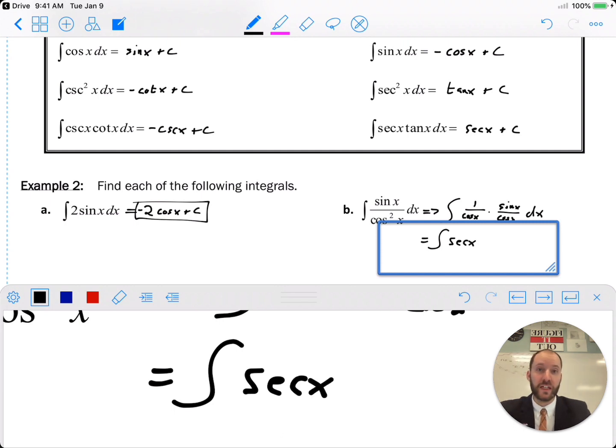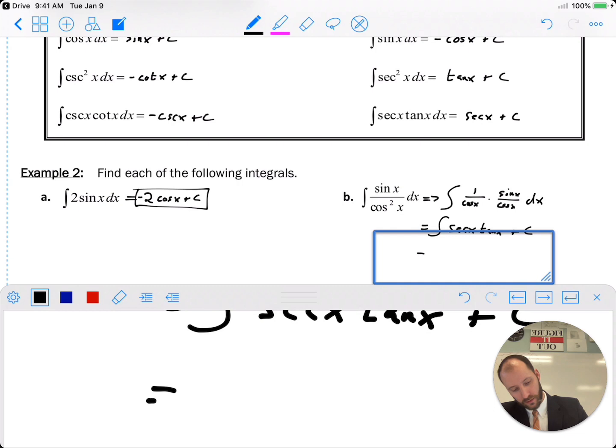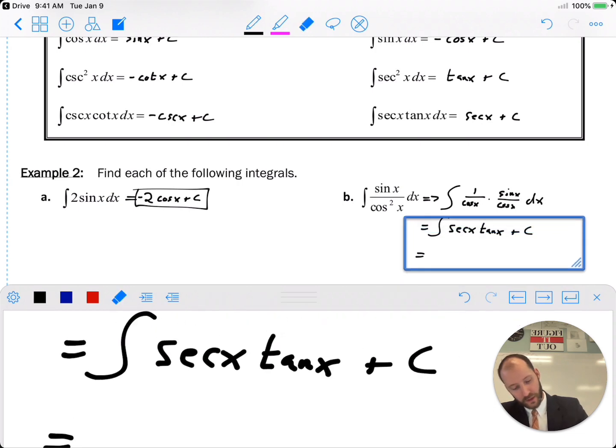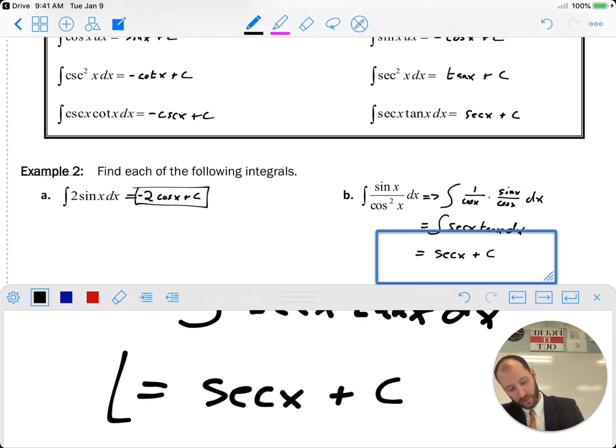Sine over cosine is tangent x. And secant tangent, I want dx. There we go. And the integral of secant tangent is secant of x plus c.